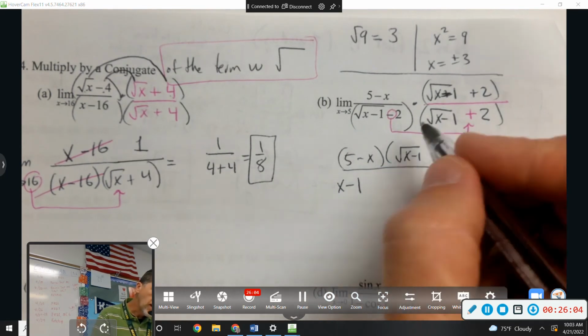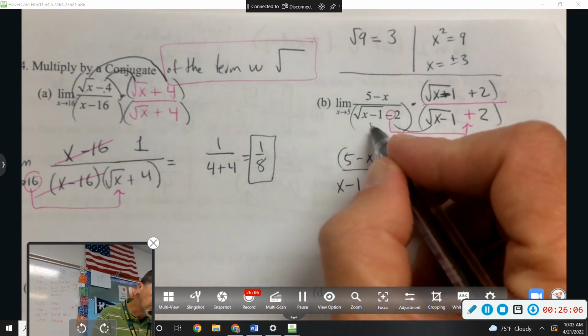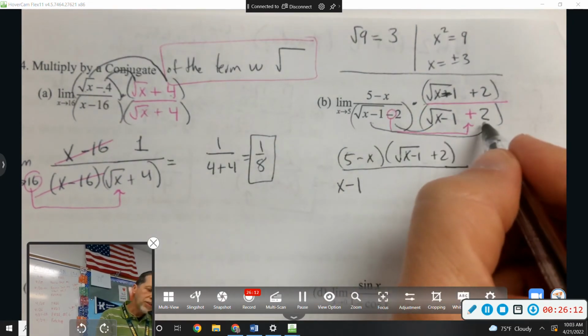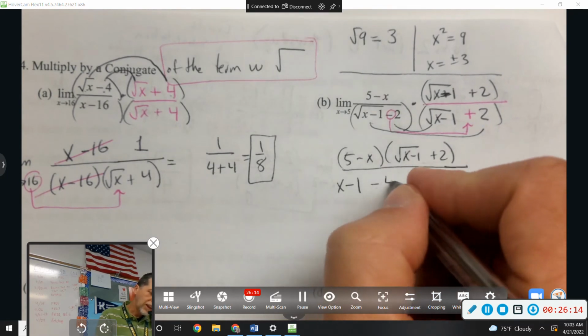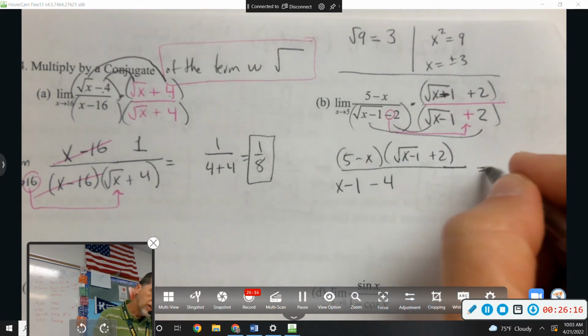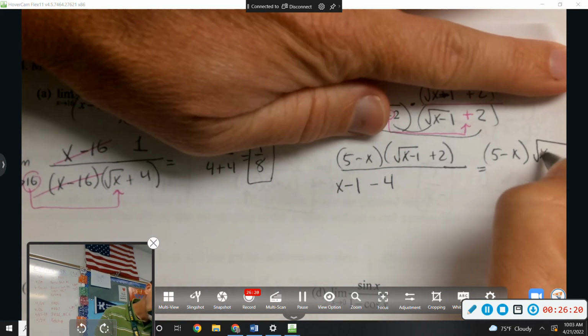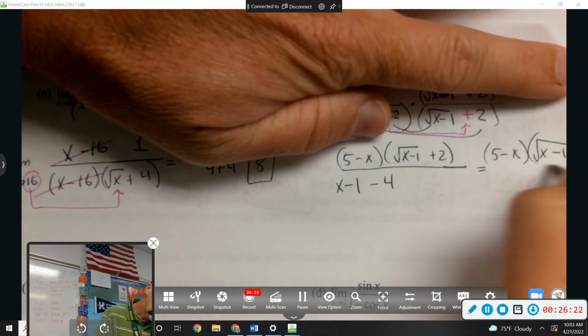How about the O and the I of FOIL? Cancel each other out. Negative 2 times plus 2. Negative 4. So the bottom is x minus 5.